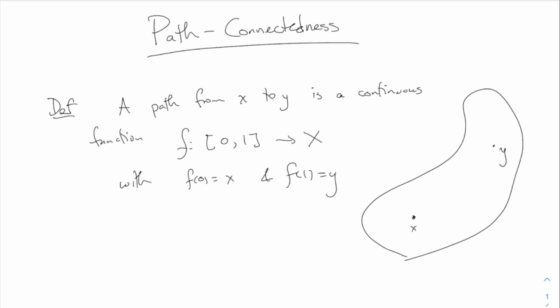You should think of a path as something like a little route, a little map, a little line drawn on the ground that goes from X to Y.